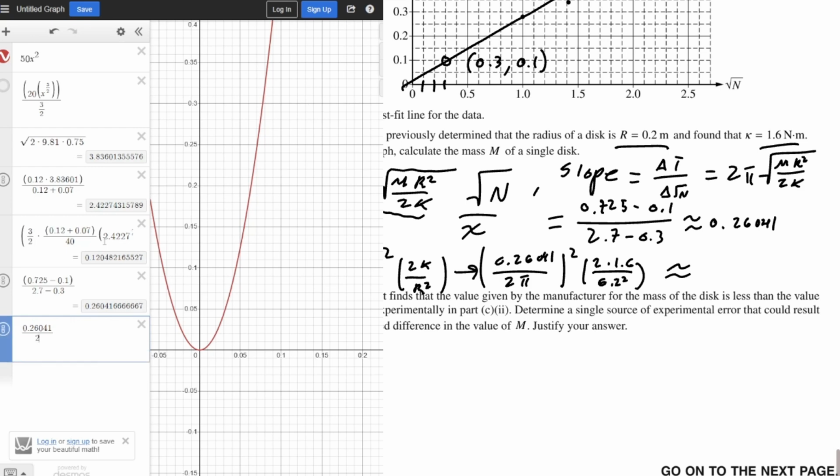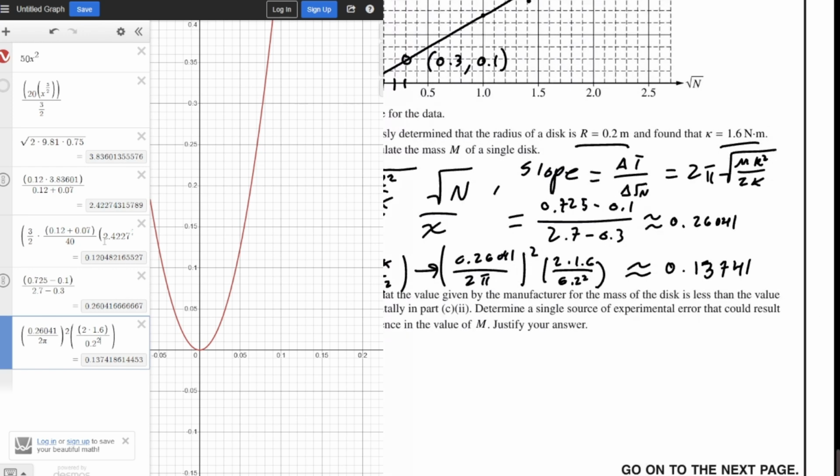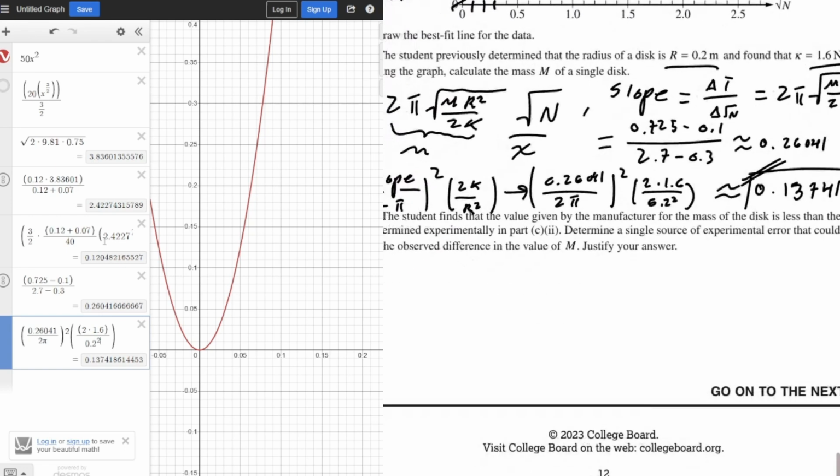So 0.26041 over 2 pi, square that entire expression, times 2 times 1.6, divided by 0.2 squared. So the mass is roughly 0.13741 kilograms. And that's your answer.